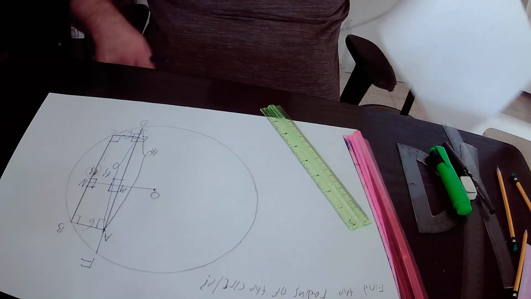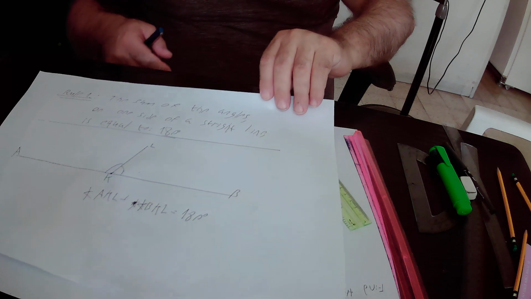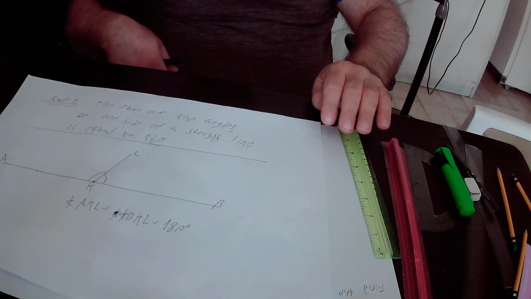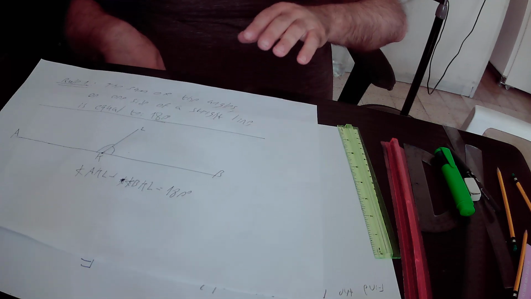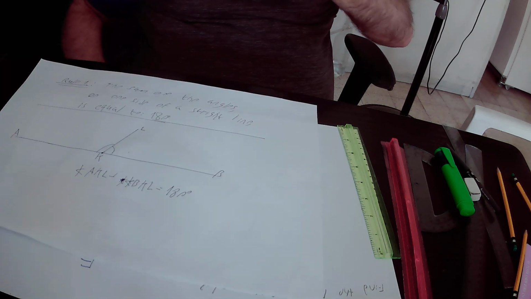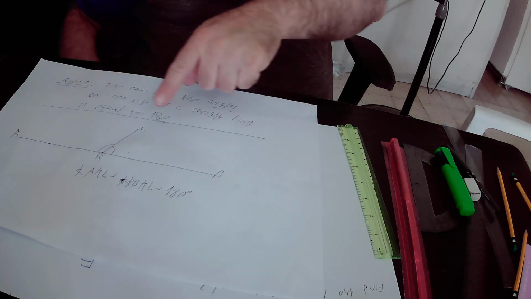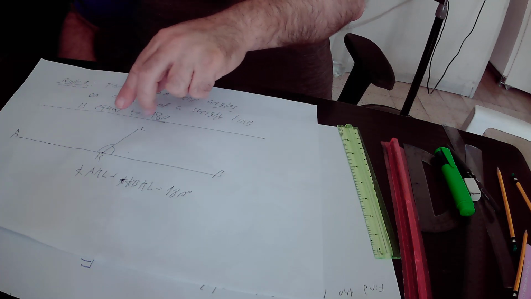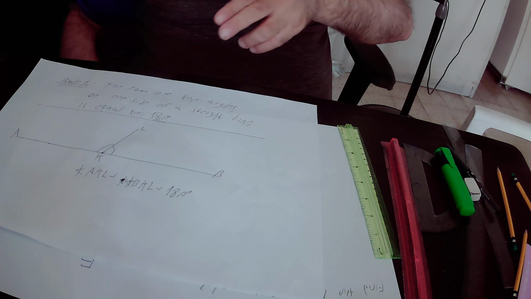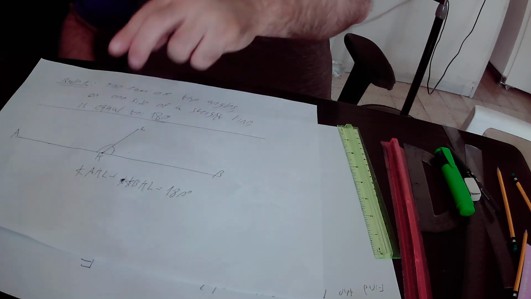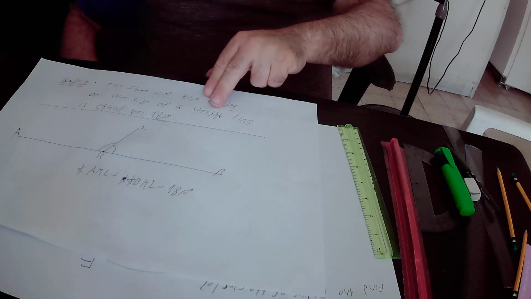According to rule number 1, the sum of the angles on one side of a straight line is equal to 180 degrees. So if we focus on the upper side of the straight line, at point K, the sum of those two angles must be equal to 180 degrees. That is to say, AKL plus BKL must be equal to 180 degrees.